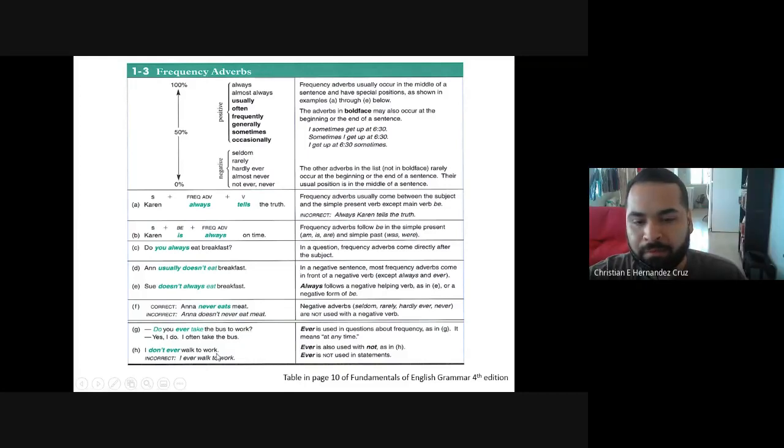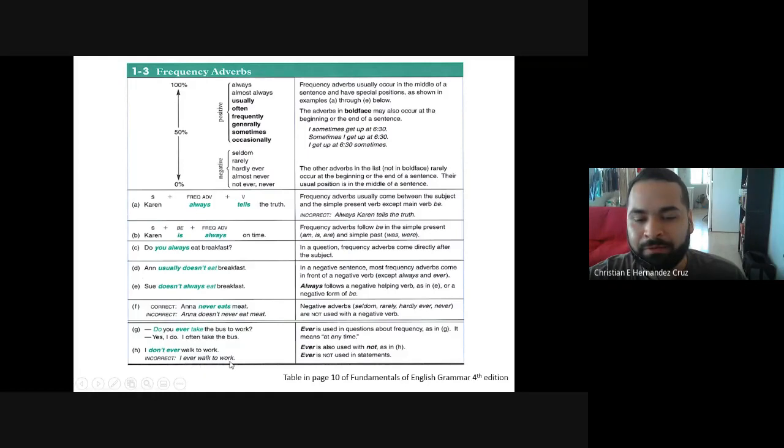And I don't ever walk to work es como que rara la vez camino al trabajo o nunca camino al trabajo. Ahora, lo que quería llegar ahora con esta última, ever is not used in statements. Lo que dice aquí, I ever walk to work. En este caso, aunque sea positivo, ever by itself no funciona en esta oración.